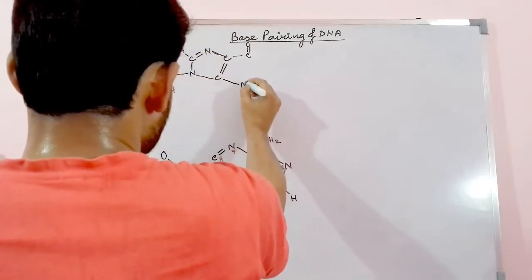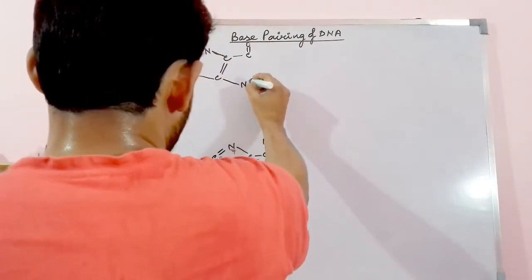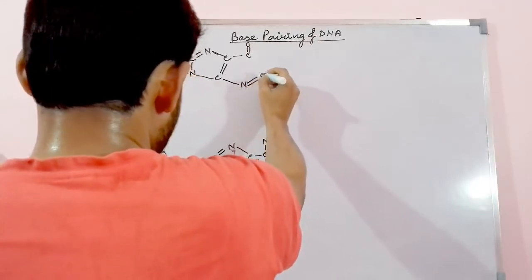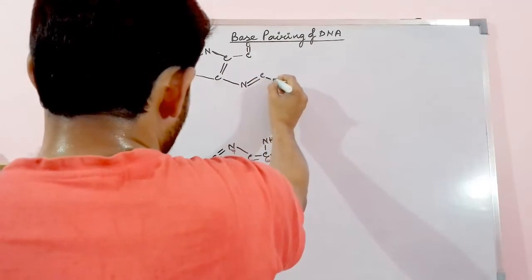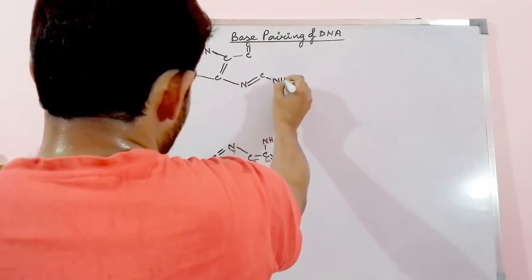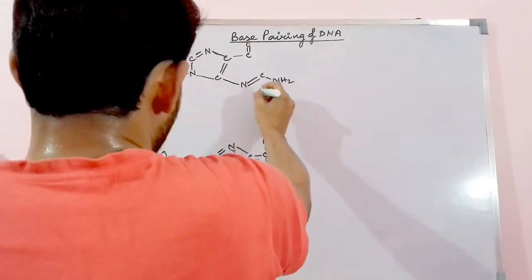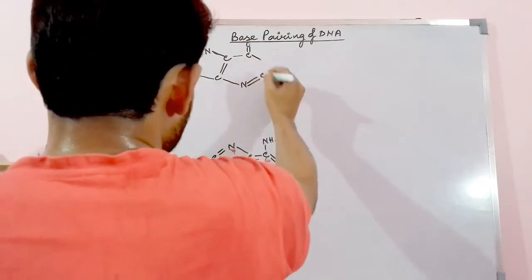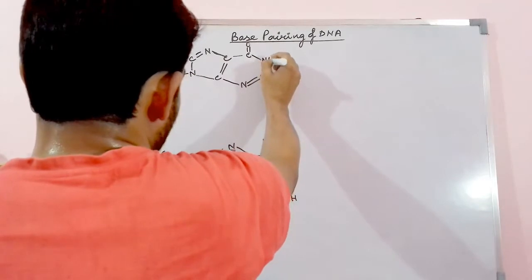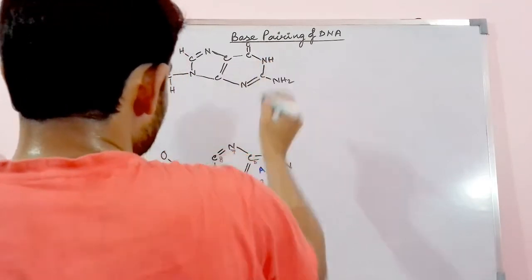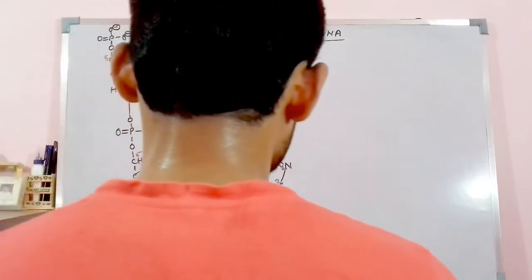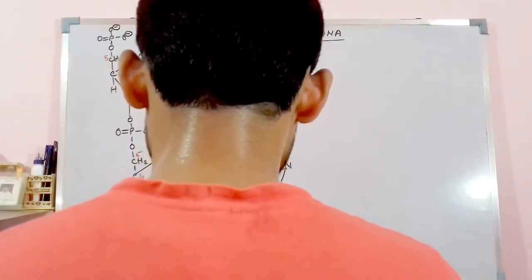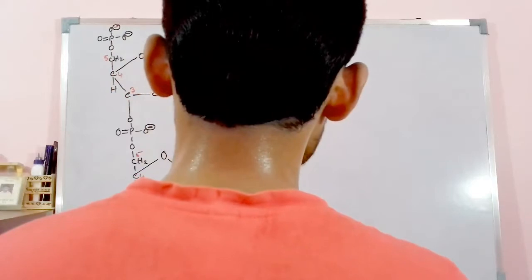Here it would be the nitrogen atom present, and here again a carbon which would be having an NH2, and here there would be another NH which is linked with this carbon. Okay, so this is what the structure of the guanine would be.